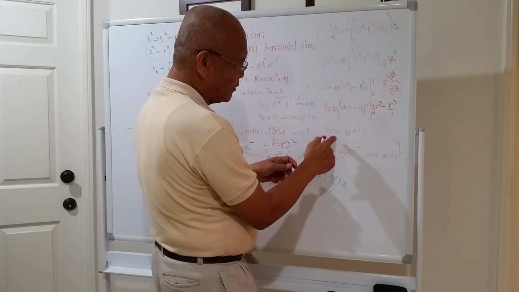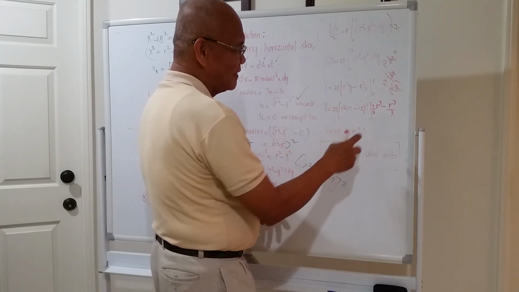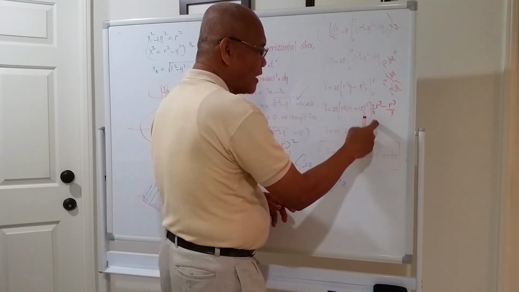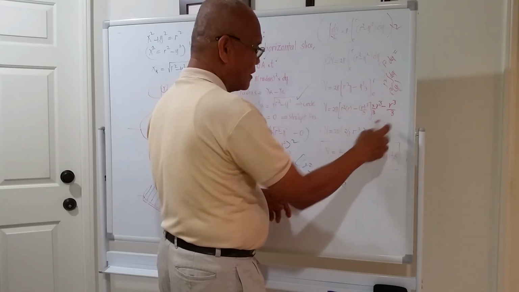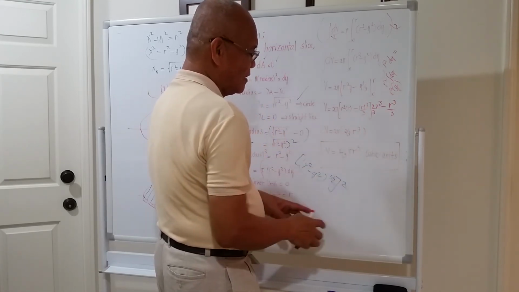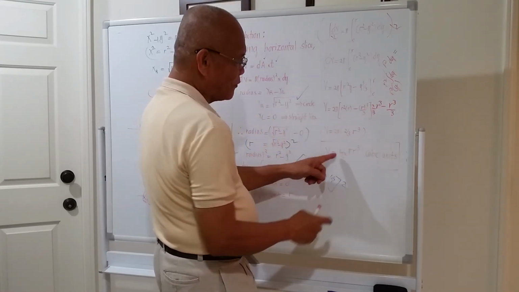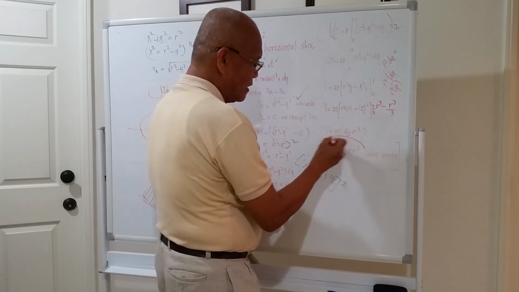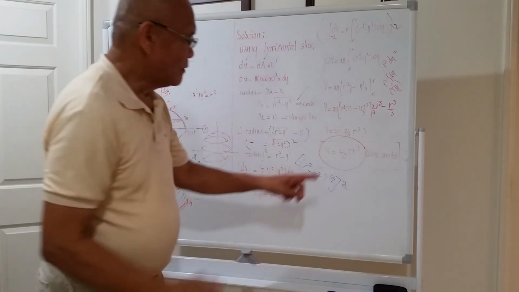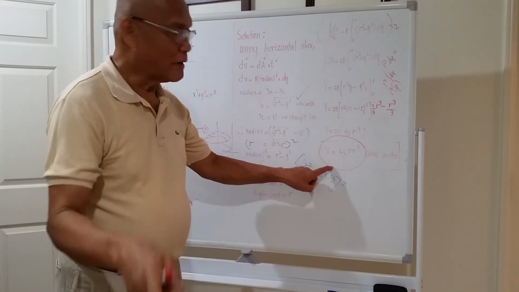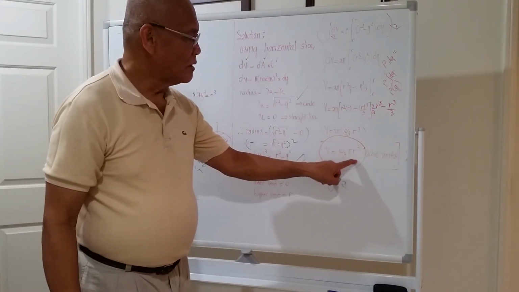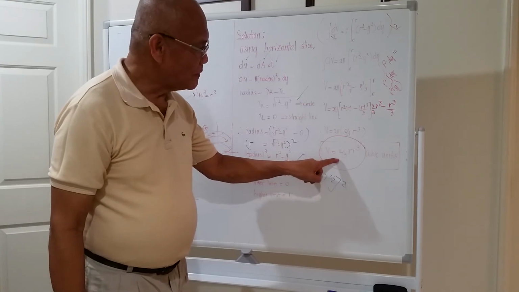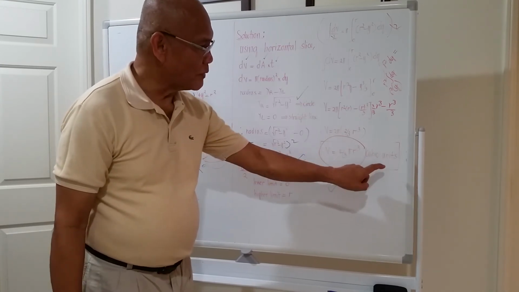So volume will be 2 pi times 2/3 r cubed. So 2 times 2 will be 4 over 3 r cubed. So this is the formula for taking the volume of a sphere in terms of the radius: 4/3 pi r cubed cubic units.